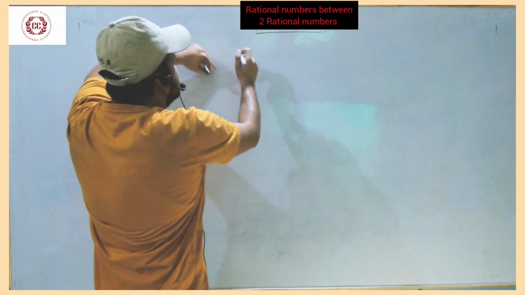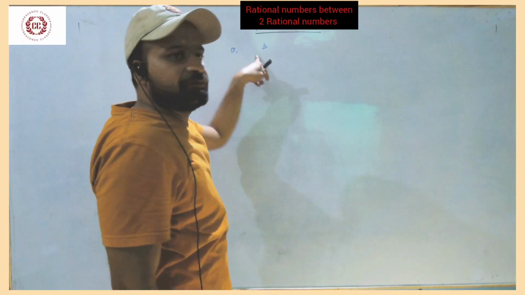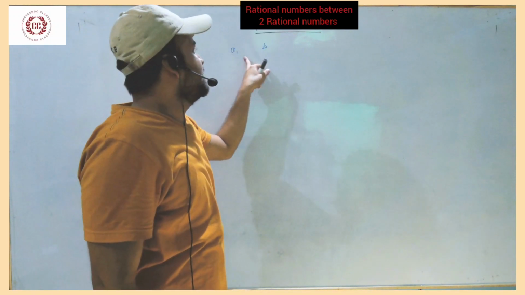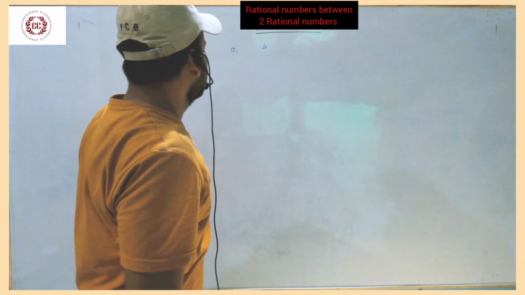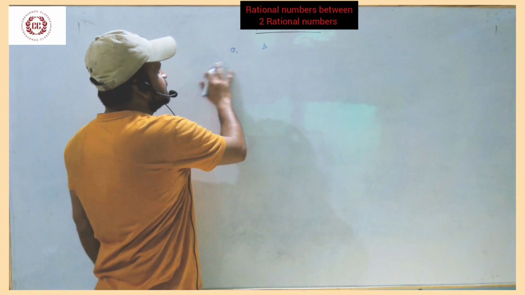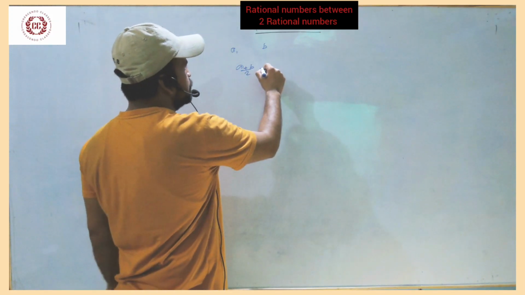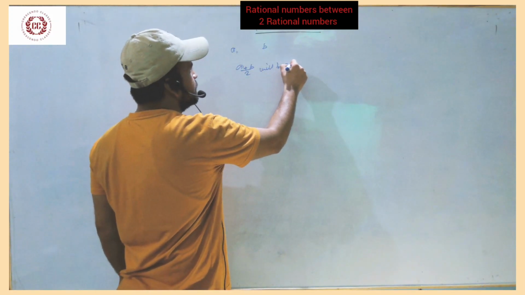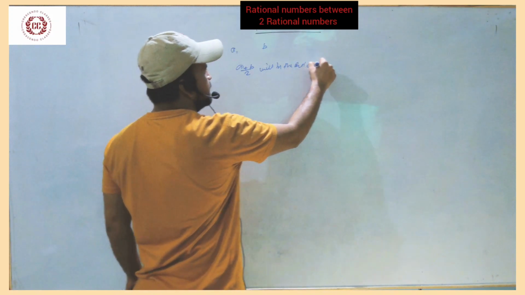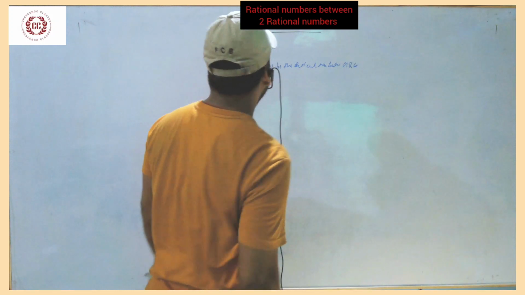Let us take a and b as two numbers, and we have to find a rational number between these two numbers. Most easily, we can say that (a plus b) upon 2 will be the rational number between a and b.